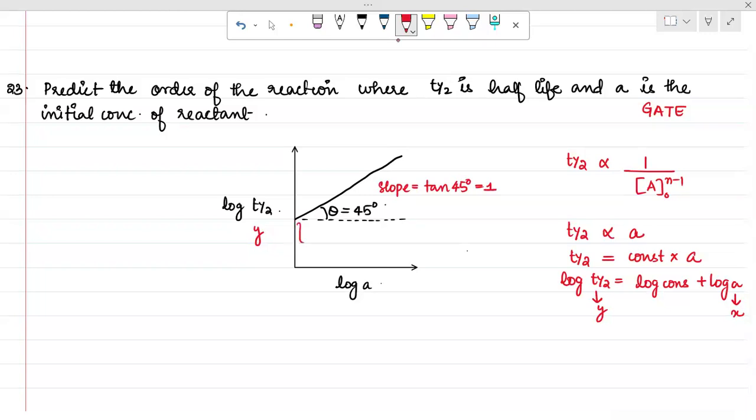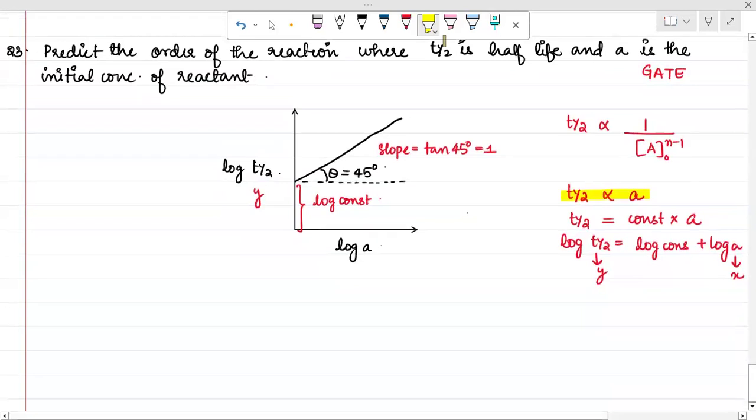And it has got an intercept, which is going to be log constant value. So this is sorted. Now we have to find the order of the reaction where T half is directly proportional to the concentration of the reactant.